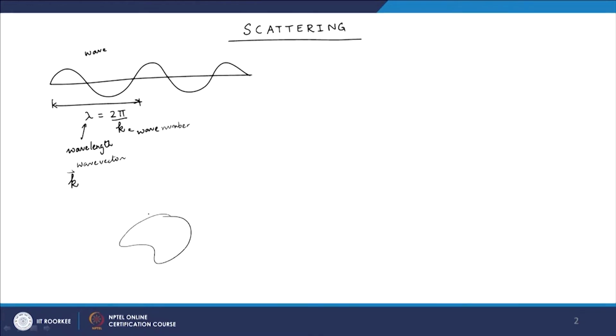And what we do in any scattering experiment is, let us say we have a sample. Let me highlight the sample with a color to show where the light is going. Let us say we send a light with a certain wave vector. That light is then diffracted or scattered, and we get a new wave vector in return.